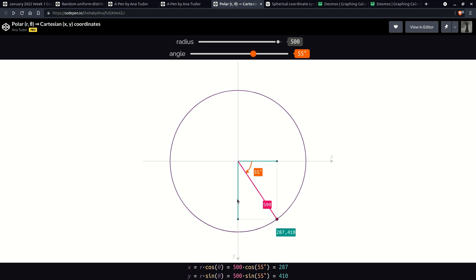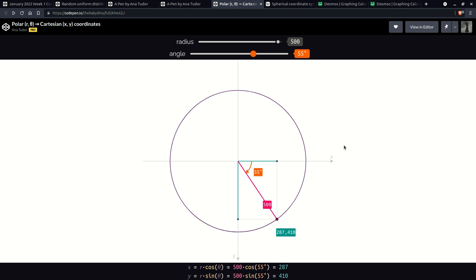So this is a rectangle, which means that opposing edges are equal. So this y projection equals this, this is also going to be y. From this right triangle, it results that it's the radius times the sine of this angle. And then the x-coordinate is the radius times the cosine of this angle. You can see the formulas there, the computations and all of that.